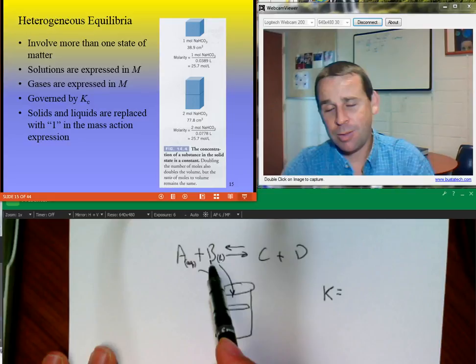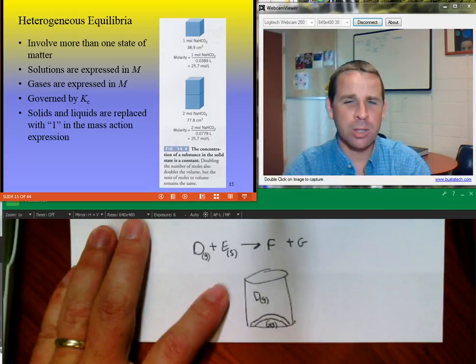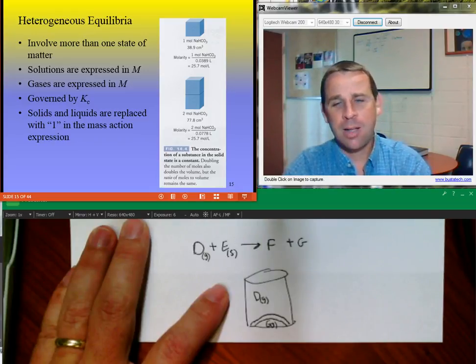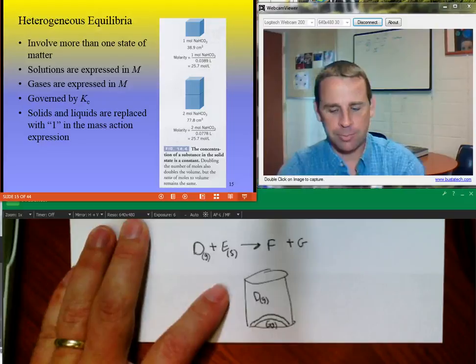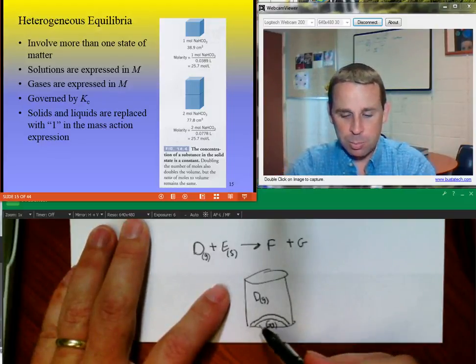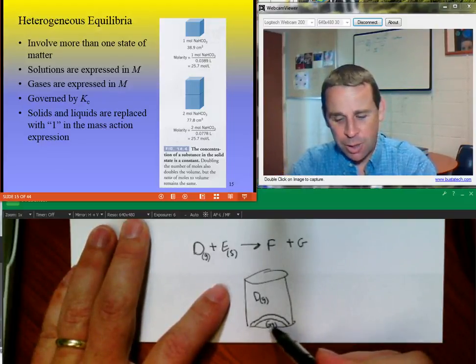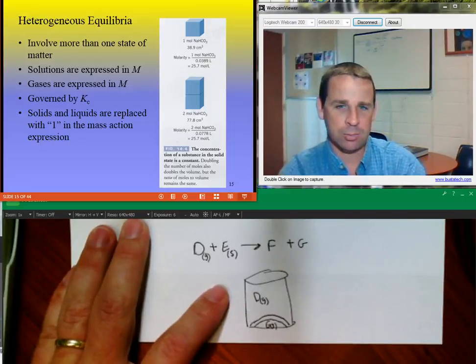But it doesn't actually change the reaction. If you add more liquid or more solid into a chemical reaction, it doesn't change the rate of the reaction because it's not changing the concentration of the component very much. Yes, I put more in, but I'm actually covering up a bunch of the solid there as well.